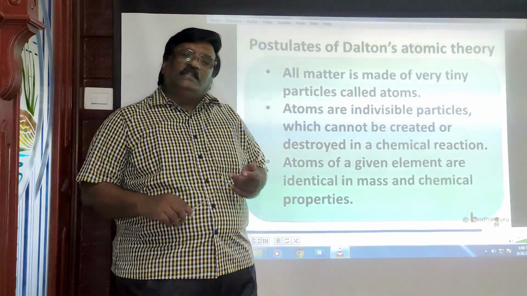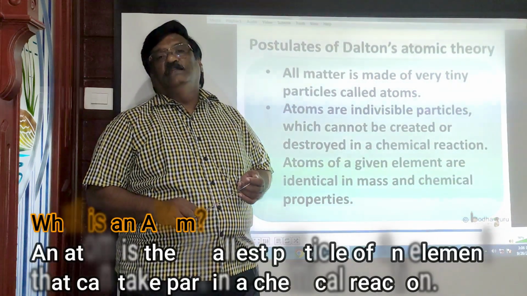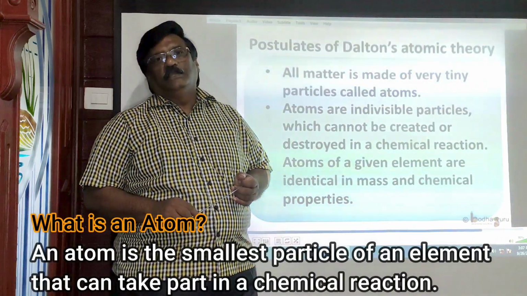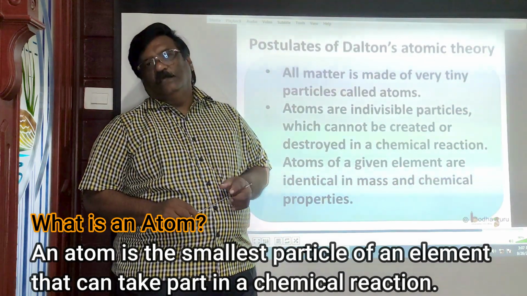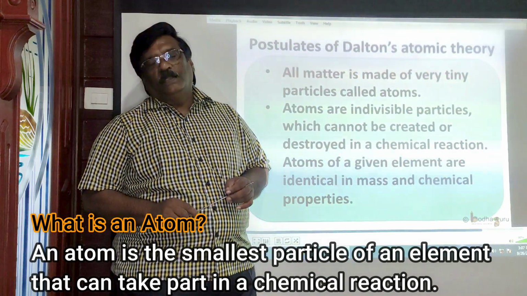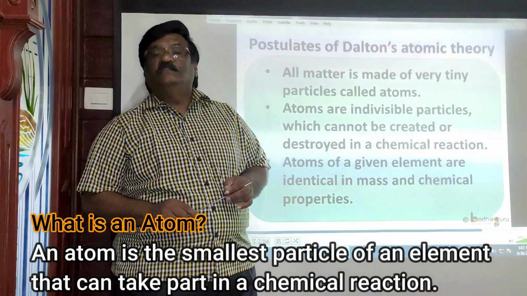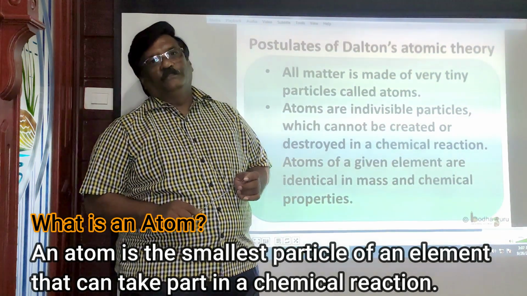The idea about an atom was suggested by John Dalton in the 18th century. According to Dalton, atoms are indivisible particles of an element that cannot be further divided. That is Dalton's atomic theory.